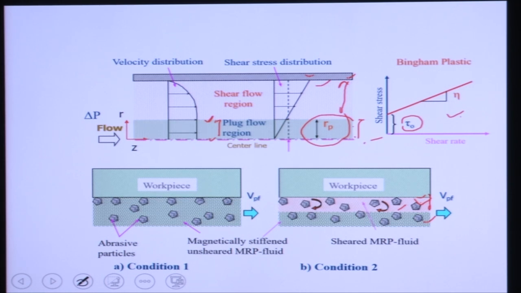If we increase the pressure, then what will happen? Your shear zone, or yielded zone, will be more and the solid core region, or unyielded zone, will be less. So if we apply more pressure, the shear zone will be more and the unsheared or solid core region will be less.